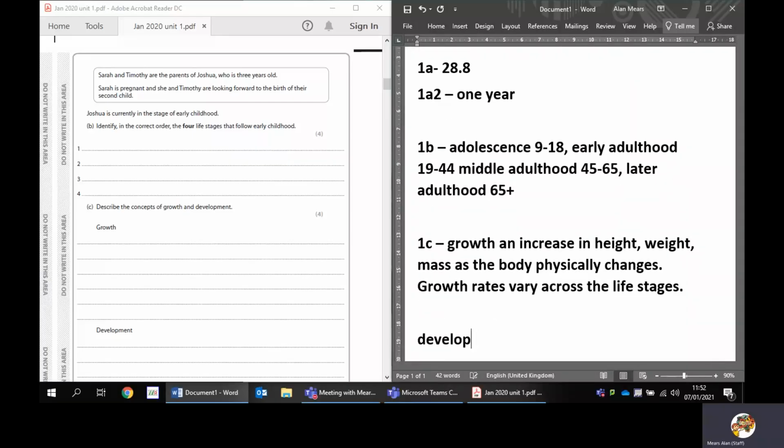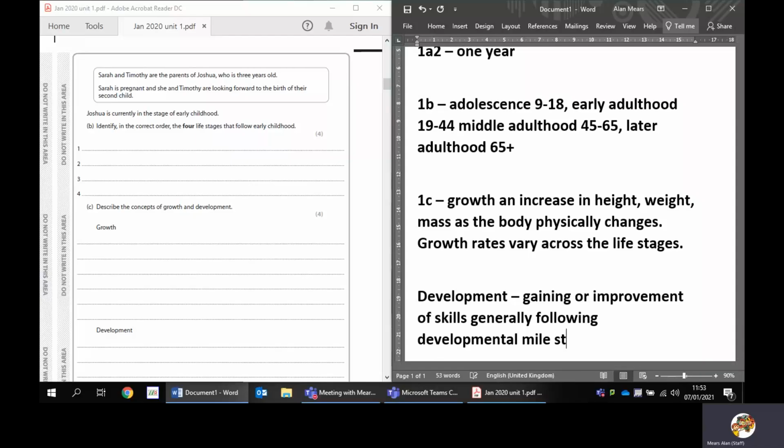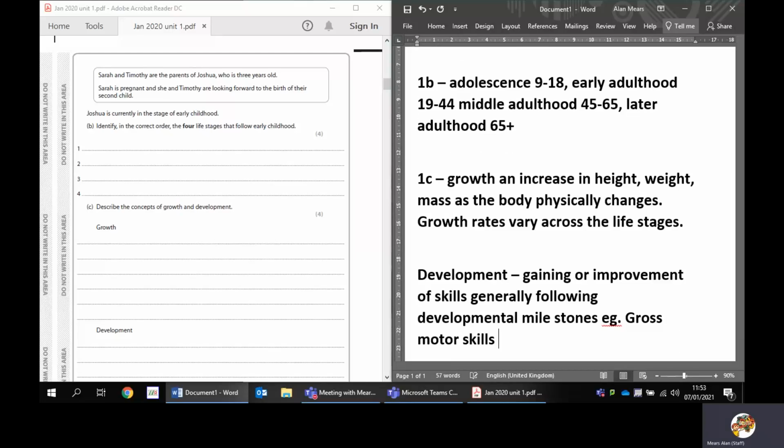Development is the gaining or improvement of skills, generally following milestones or developmental milestones, e.g. gross motor skills before fine motor skills.